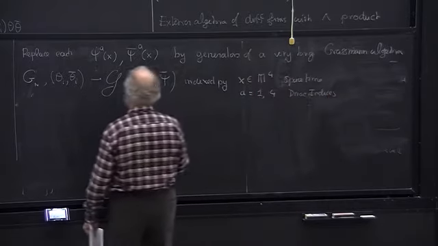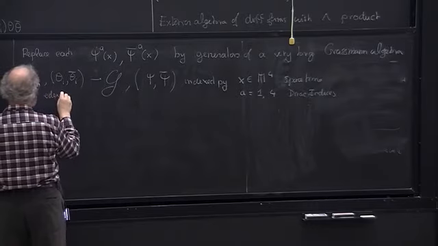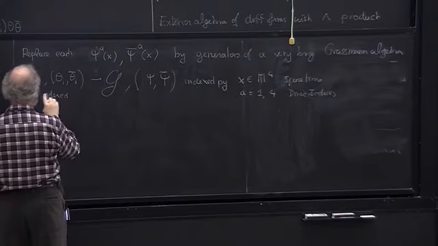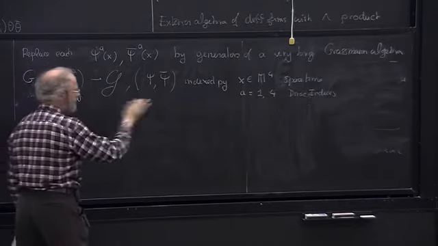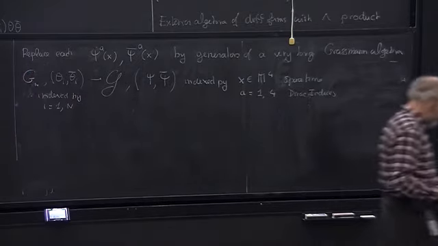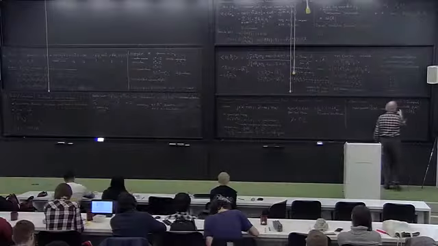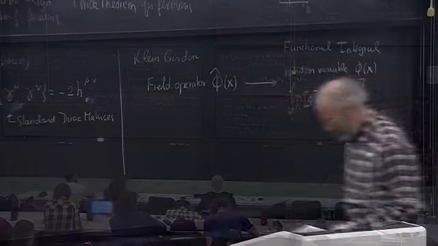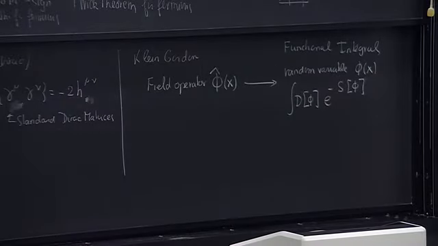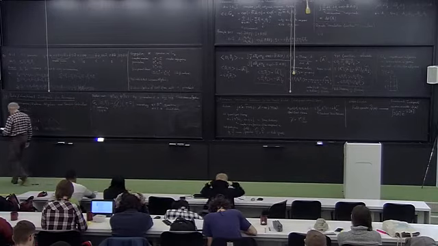But here they were indexed by i, going from 1 to n. Okay, you see. So that's important. In the same way that here, this random variable can be viewed as a random vector indexed by x. So it's an infinite dimensional Grassmann algebra. Okay?